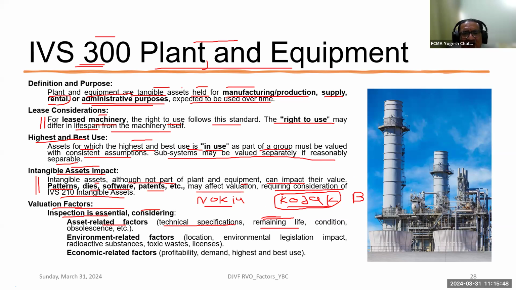It may happen that one plant and machinery valued at 100 crore is purchased on the same day by two different companies, company A and company B. Company A may estimate the life of this machine at 10 years, and company B may estimate the life of this machine at 20 years, and management of both companies will have a possible explanation and justification for their estimate.